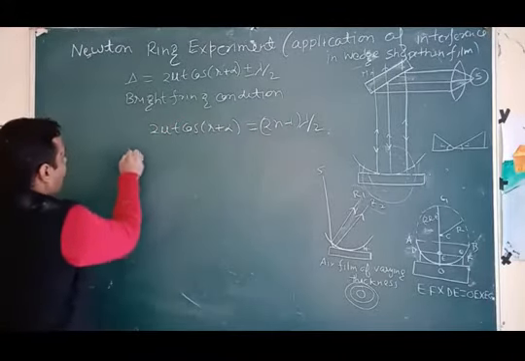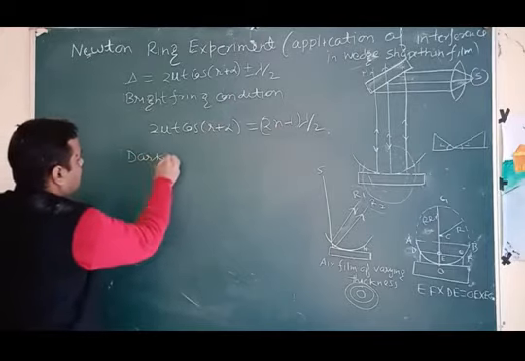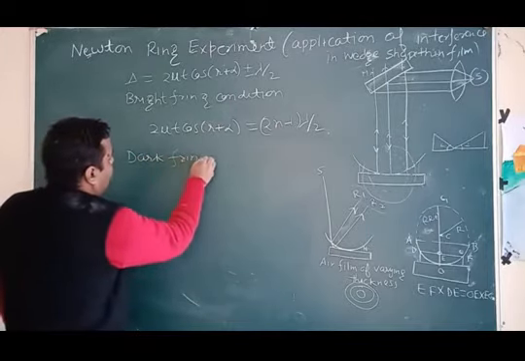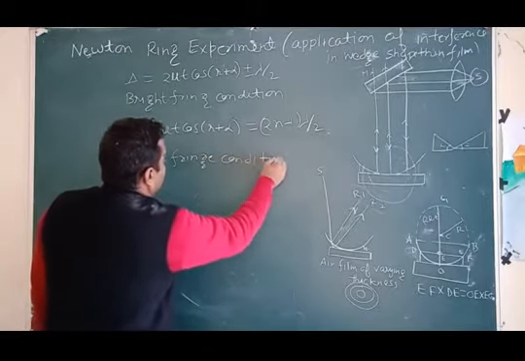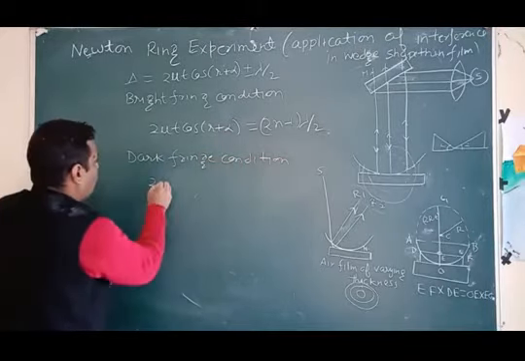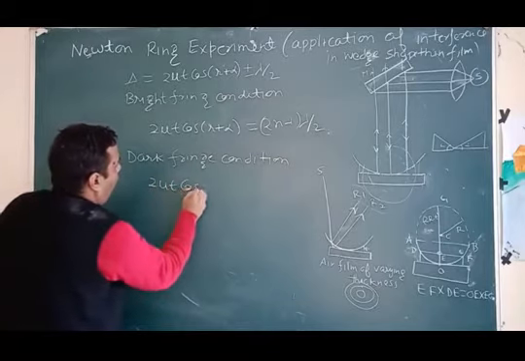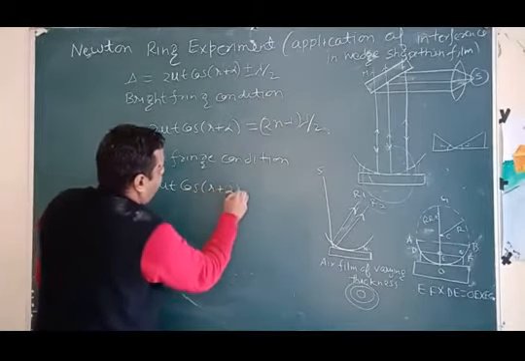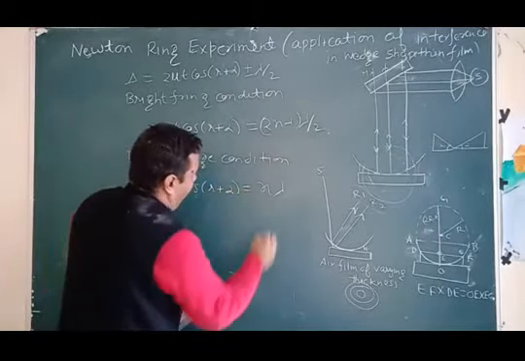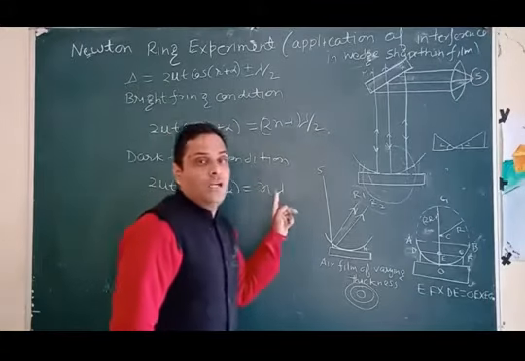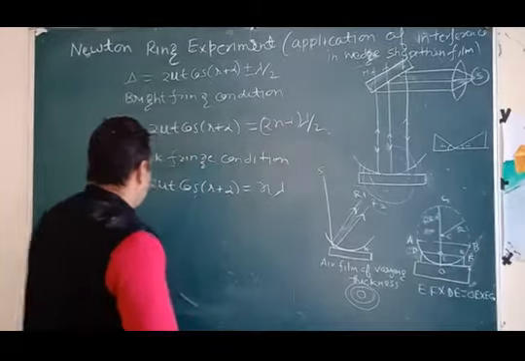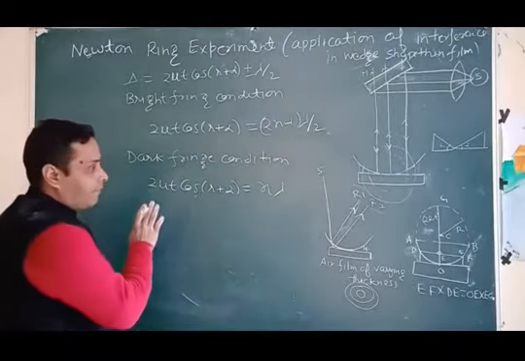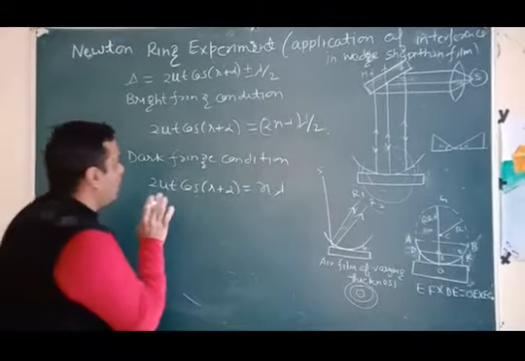And for the dark fringe condition, 2 mu t cos(r + alpha) is n lambda, where n is 0, 1, 2, 3, 4, and for the bright fringe n is 1, 2, 3, 4. Here t is the thickness and mu is the refractive index of the medium.